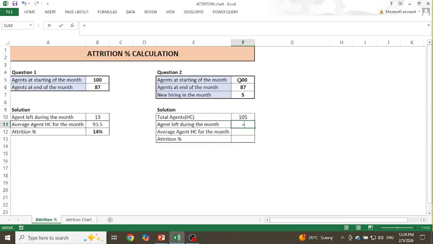So how many people have left during the month? 100 minus 87, it is 13. Average agent headcount for the month. So what is our formula of average? The average formula is opening number plus closing number divided by 2. So our average is 93.5.